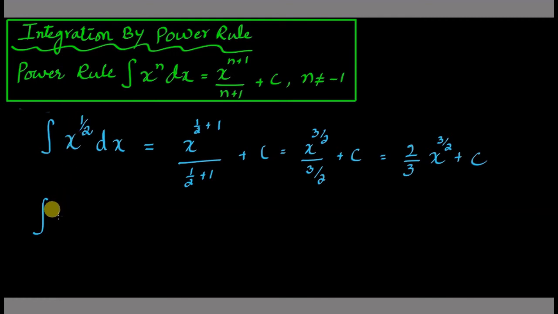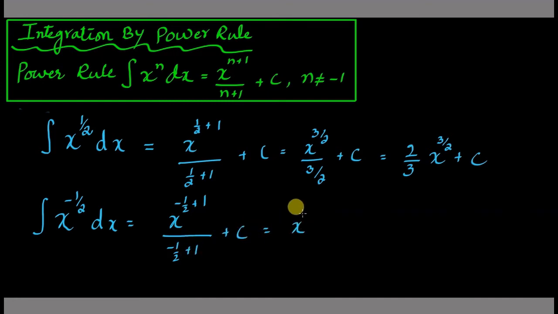For instance, if you want to check the same power rule for a negative rational number, it is very simple. x raised to power negative 1 by 2 plus 1 over negative 1 by 2 plus 1 plus c.